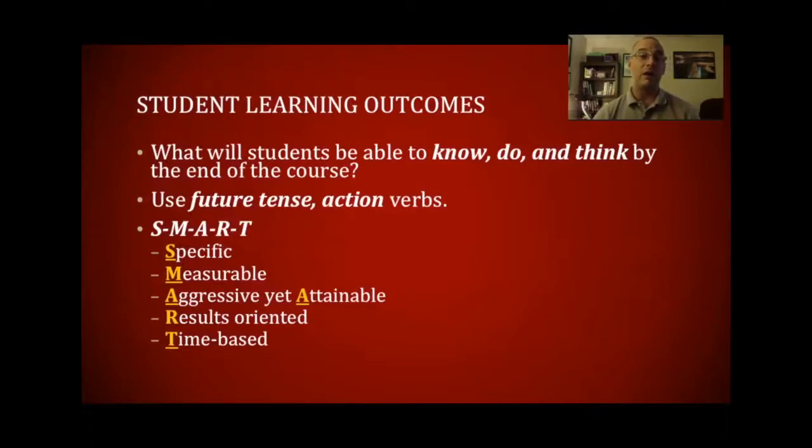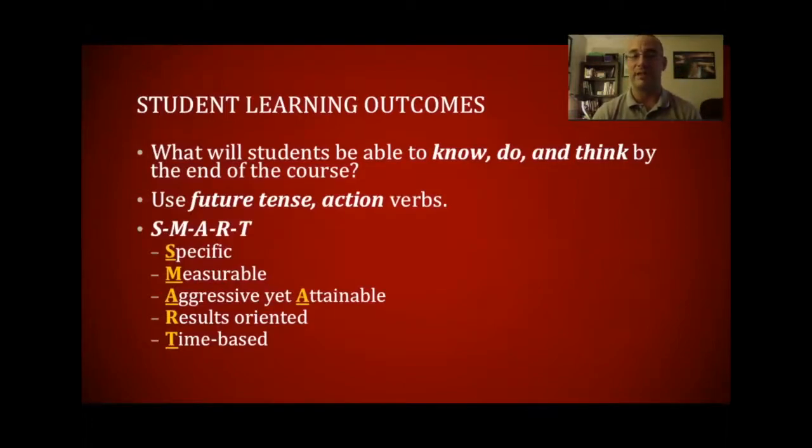We want our outcomes to be both aggressive yet attainable. So we want them to be aggressive, but we don't want that bar set so high that students don't have the opportunity to achieve it. If the bar is set too low, then we don't discriminate between students that are actually excelling in the class versus struggling.